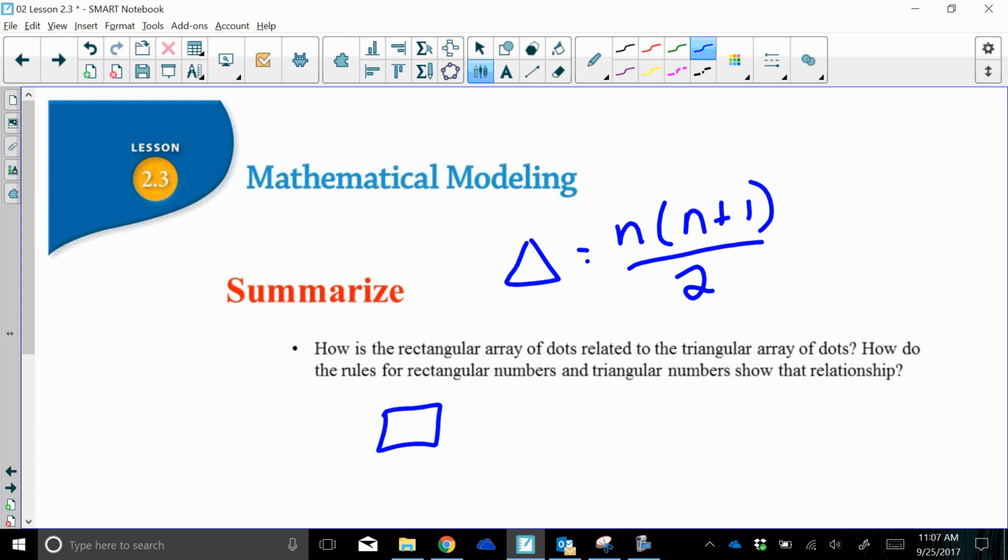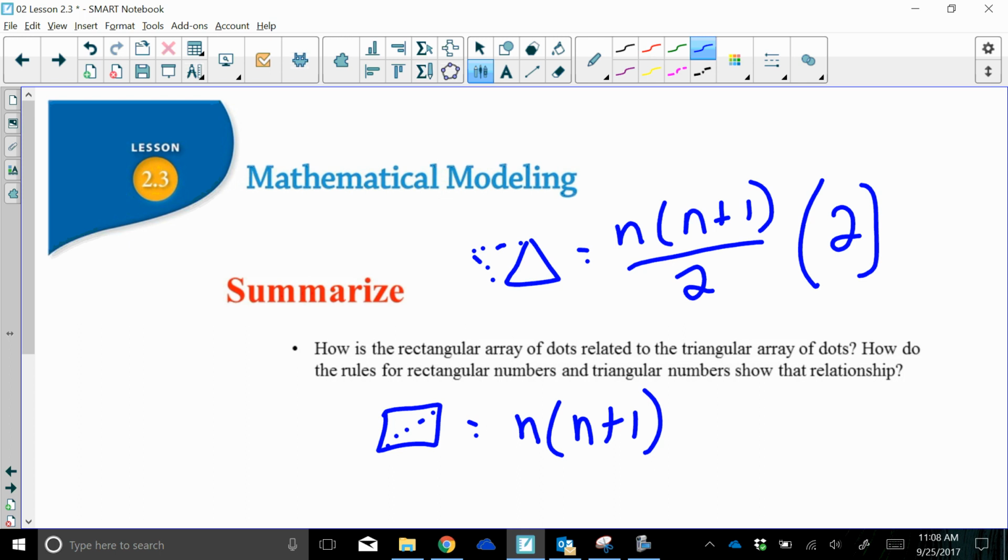And for the rectangular, we said n times n plus 1. So anytime we have a triangular array, twice as many of those will give us our rectangular array. So we can take our rectangular array divided into 2, and if we had 2 triangles, that would be a rectangle.